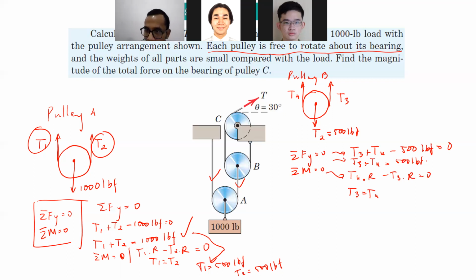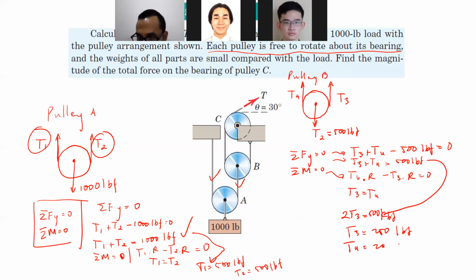Using this equation, 2T3 is equal to 500 lbf. So T3 will be equal to 250 lbf and T4 will be equal to 250 lbf as well. Correct, right, Mario? Yes.